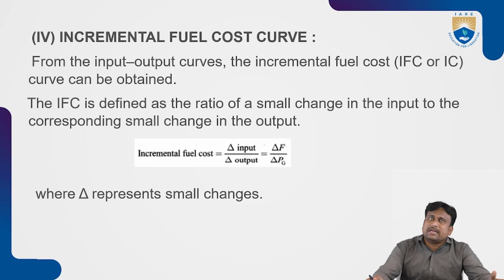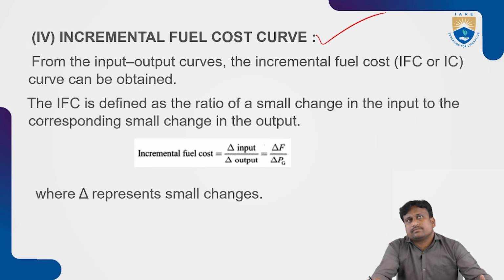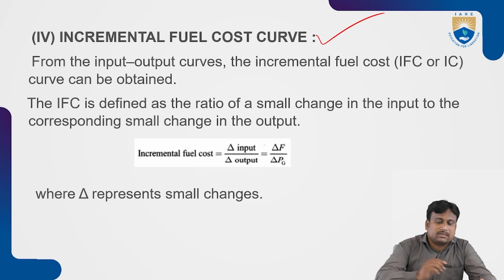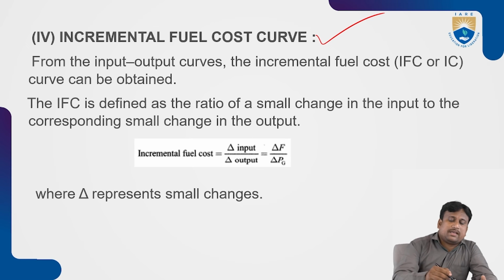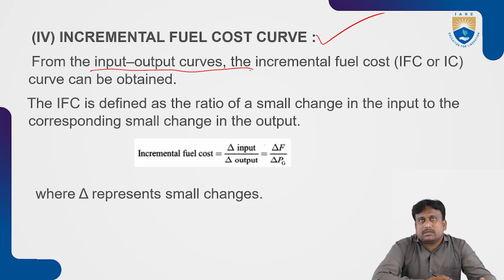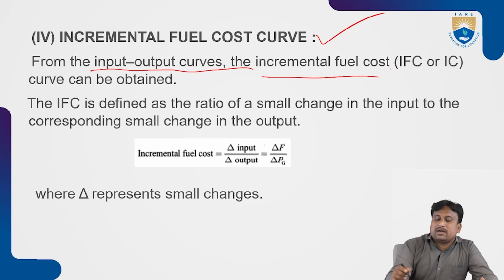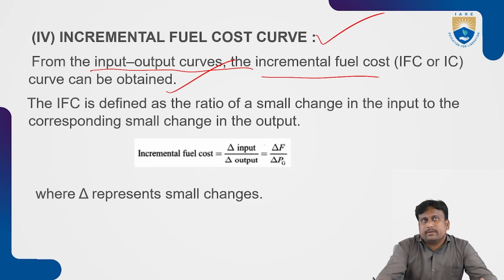The next case is the incremental fuel cost curve, the IFC curve. What is this incremental fuel cost curve? We already saw the input output characteristics of the curves. From those input output curves, the incremental fuel cost can be determined.